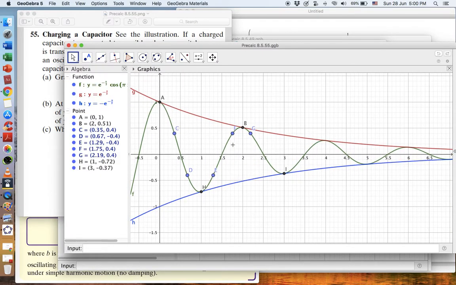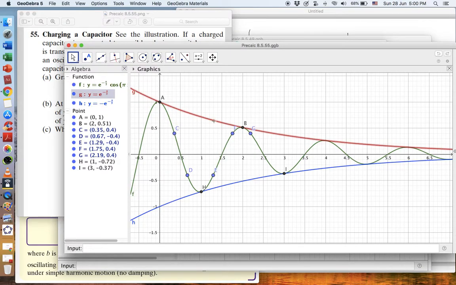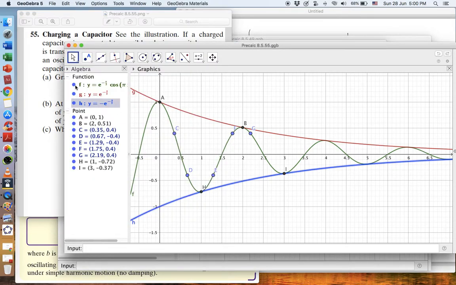So we've got this upper and lower bound, and we can see the first part of the dampening function is just an exponential, e to the negative t over 3. That's our top boundary here. Our lower boundary is the negative e to the negative t over 3. And in the middle there, we've added a cosine function, and that's what gives us our oscillating motion here.